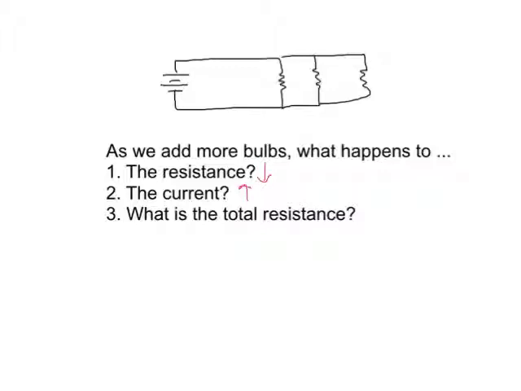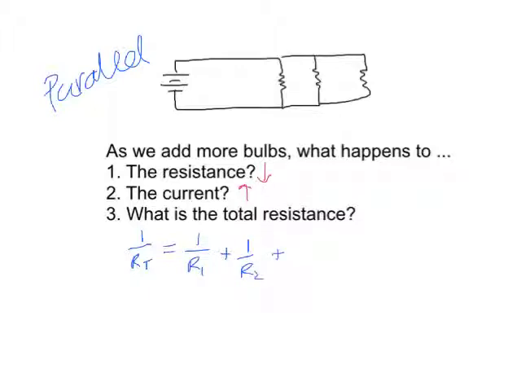Okay, so for this one, the equation's a little bit more complicated. It's 1 over your total resistance, and this is for parallel, equals 1 over R1 plus 1 over R2 plus ... plus 1 over Rn.